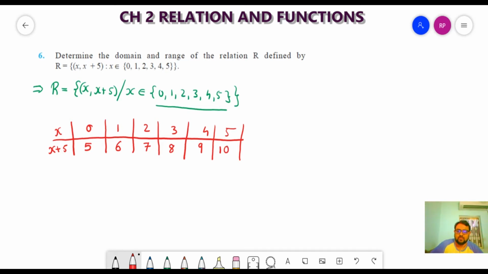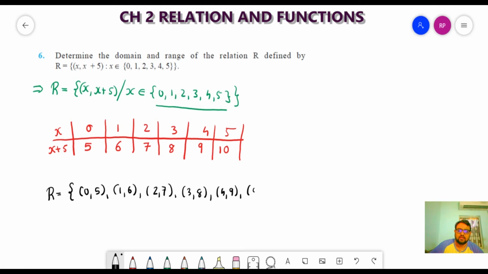Right? So what will be our relation? Our relation R will be equal to ordered pair 0, 5, 1, 6, 2, 7, 3, 8, 4, 9 and 5, 10. Right? So the first element will be the domain.